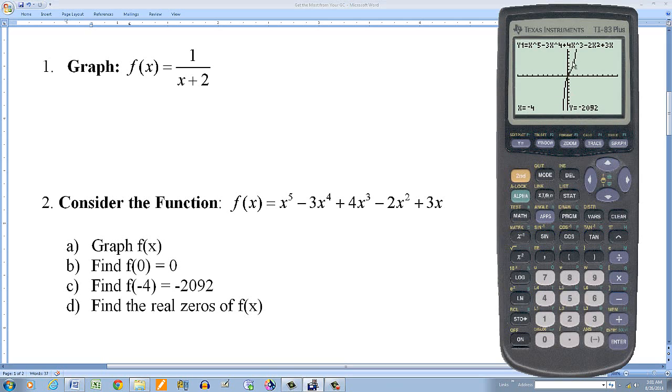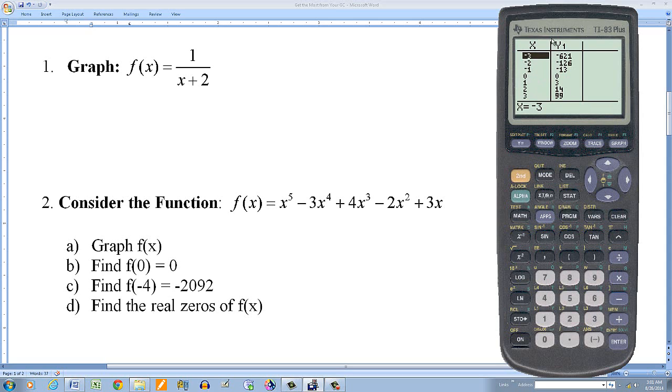So if you look at this graph, it only crosses the x-axis at the point right there. And if you double check this, go to your table, second, and then here, graph. Because I hit the second key, I'm accessing the table. So notice at x equal to 0, y is equal to 0. So those are the zeros of the function.